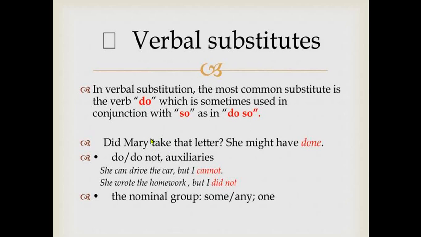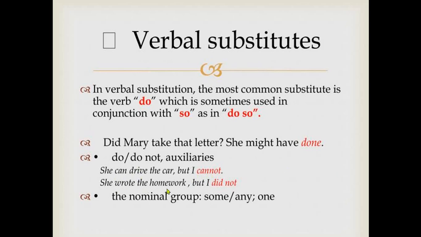Therefore it is just replaced with a verb, and it's called verbal substitution. And do or do not as auxiliaries, for example: she can drive the car, but I can't. Here the cannot is used in the place of can drive.